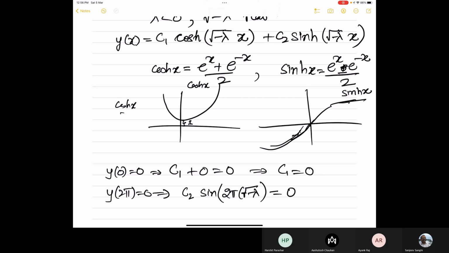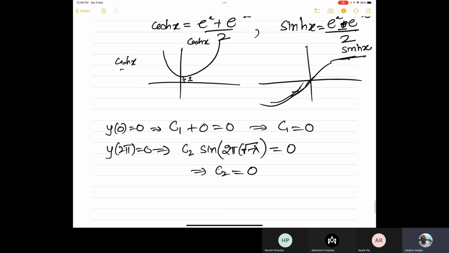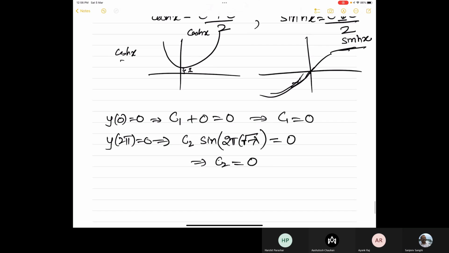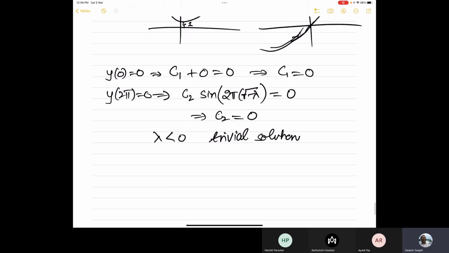Now this square root of minus lambda is a positive number. Multiplied by 2 pi, taking sine hyperbolic in general will not be 0. So this will imply that once again c2 has to be 0. And so lambda less than 0 is also a trivial solution. Both c1 and c2 have to be 0.